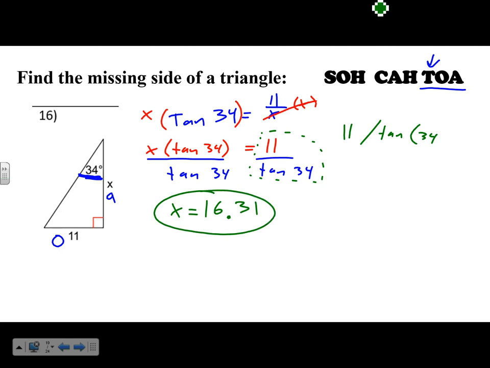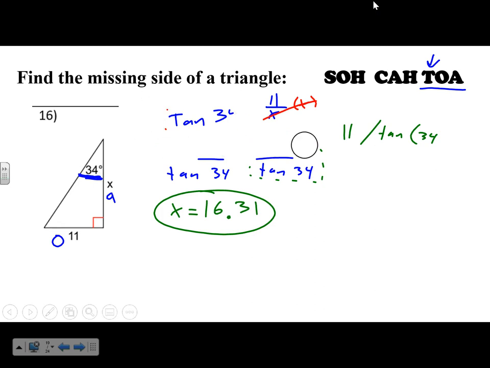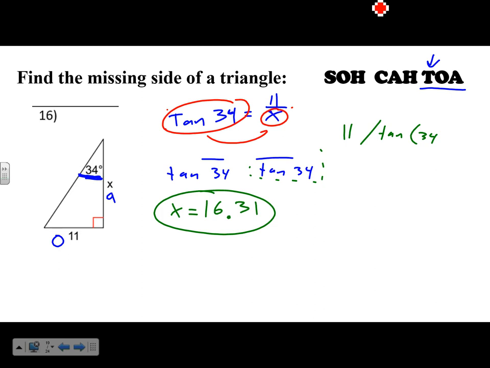Now, I will tell you the shortcut that I know at the very beginning here. If you ever have your x in the denominator, like this, a lot of people try to multiply by 11, and you can't do that because 11 is the numerator. If you have your x in the denominator, just take that x and take this tangent of 34 and switch their places.